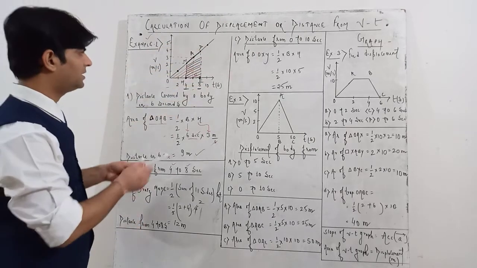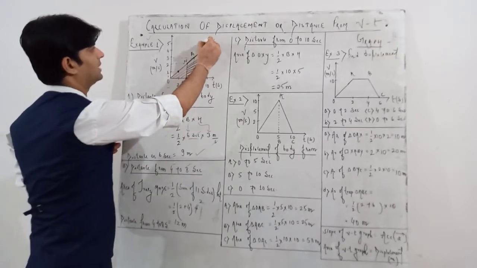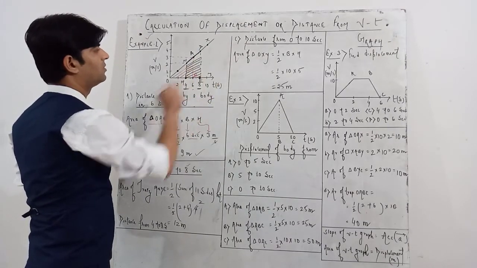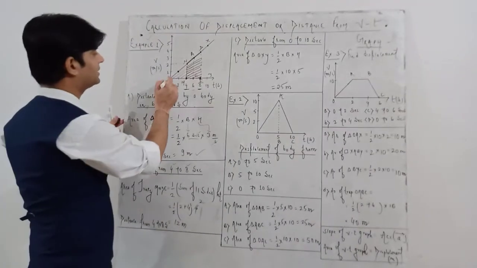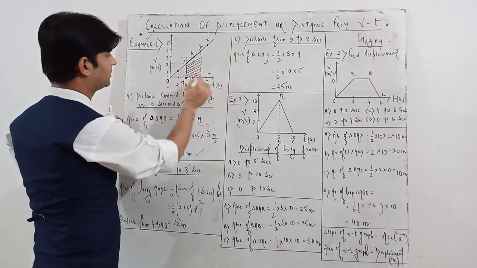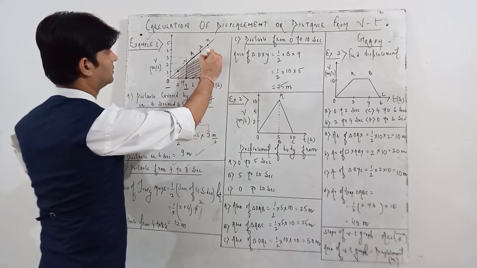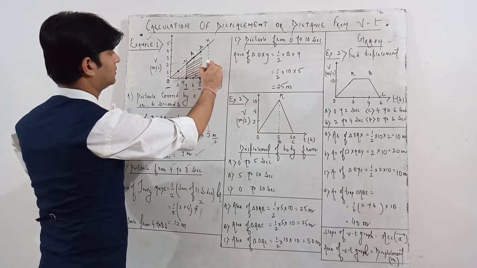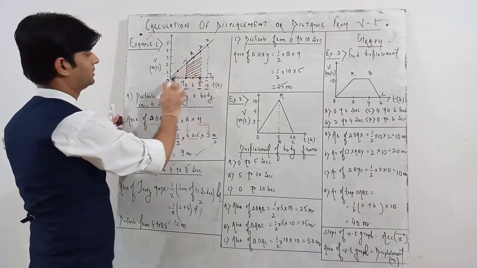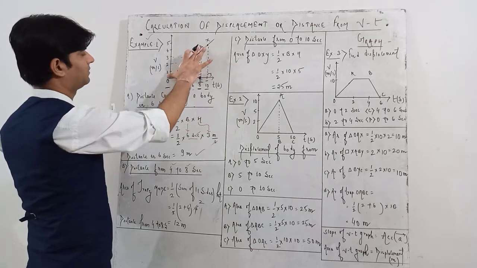Triangle OXY, let me write it as X and this point to be Y. For 0 to 10 seconds you are getting this complete triangle, that means this complete graph.